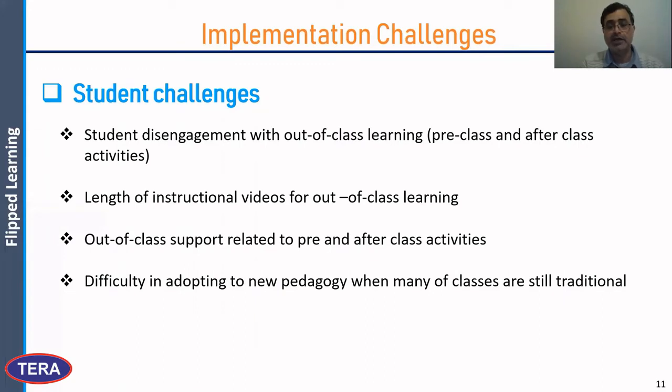In one class, the entire teaching and learning is based on flipping the content. In another, it is still traditional, so there is an inconsistency in approach. That's another part which needs to be considered, and it is a challenge for students to adapt to two different teaching approaches in one institution.